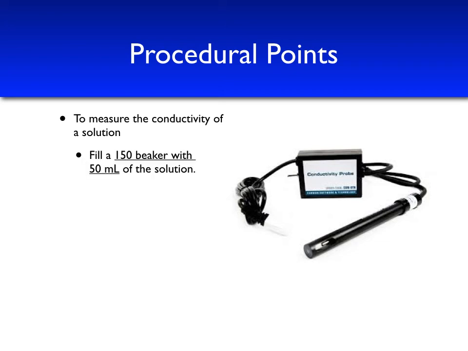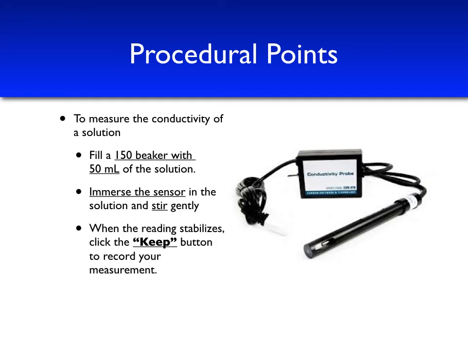To do this, we'll be using 150 milliliter beakers, which we will pour in 50 milliliters of solution, basically filling the beaker 1/3 of the way. We'll immerse the sensor in the solution and stir the solution gently with the sensor itself. When our reading stabilizes, then we will press the Keep button, which will allow us to generate our data table.